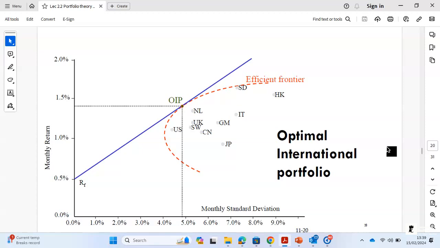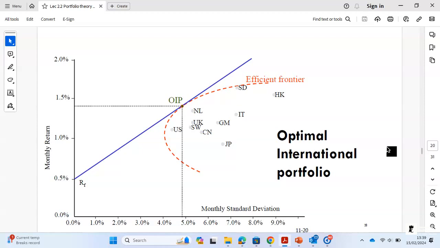But before we go a bit further, let me explain one more point. So this blue line, what does this blue line do? The blue line shows the relationship between the risky portfolio and a risk-free asset. So this blue line shows the combination of a risk-free asset and a risky portfolio.